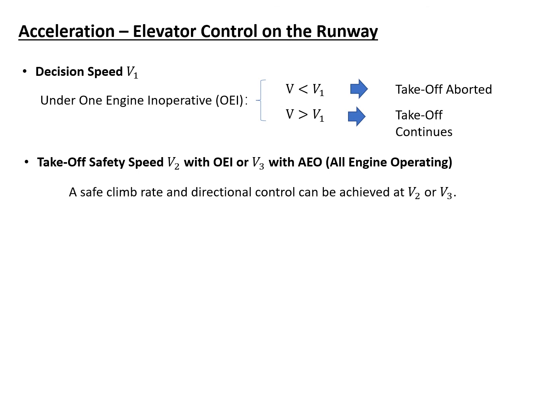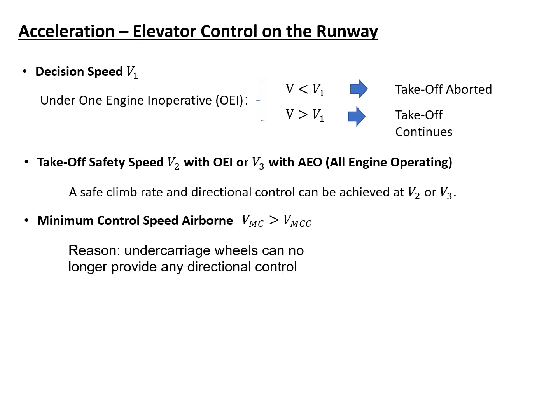And there are also V2 and V3, the takeoff safety speed: V2 with OEI or V3 with AEO. So V2 is for one engine inoperative, V3 is for all engines operating. A safe climb rate and direction control can be achieved at V2 or V3. There is also the minimum control speed airborne.